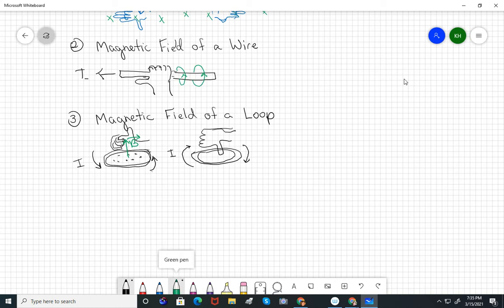That tells me the magnetic field points straight down. So picture your fingers going in the direction of the current, and your thumb will point in the direction of the magnetic field. Okay, this is the one we're going to need when we use Lenz's law.